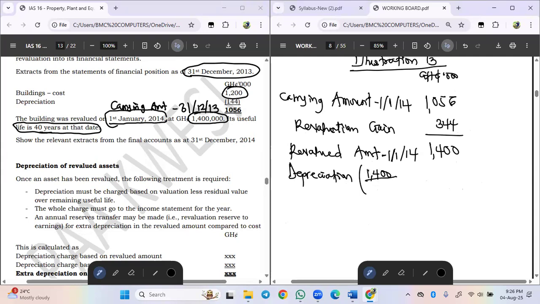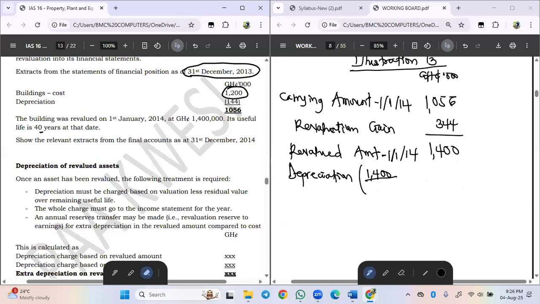Now, we are not going to use the original useful life. You use the remaining useful life, or the useful life as at the date of revaluation. In this particular question, they said the useful life at the revaluation is 40 years.